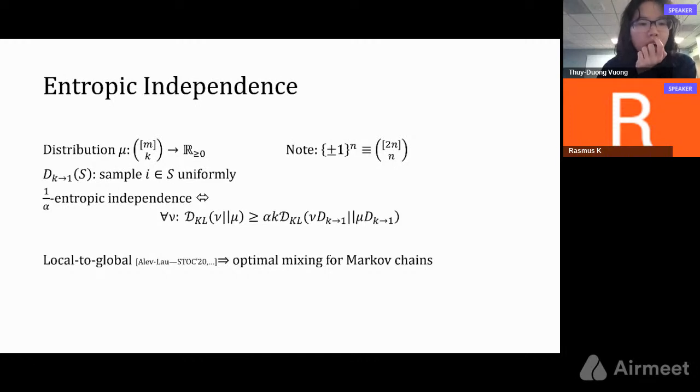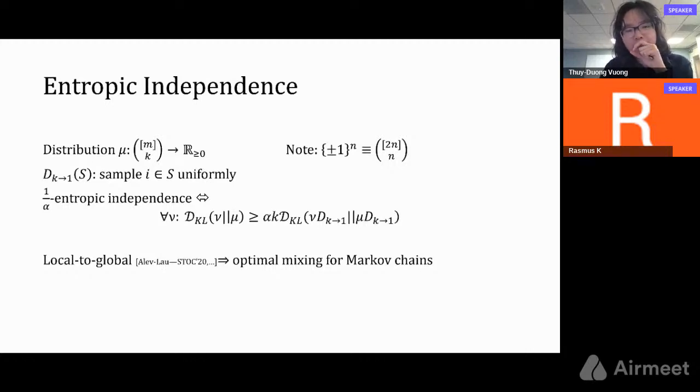Now 1 over alpha entropy independence is defined as follows. For any distribution nu, we want the down operator to contract the KL distance between nu and mu by a factor of alpha over k. Why is entropy independence useful?